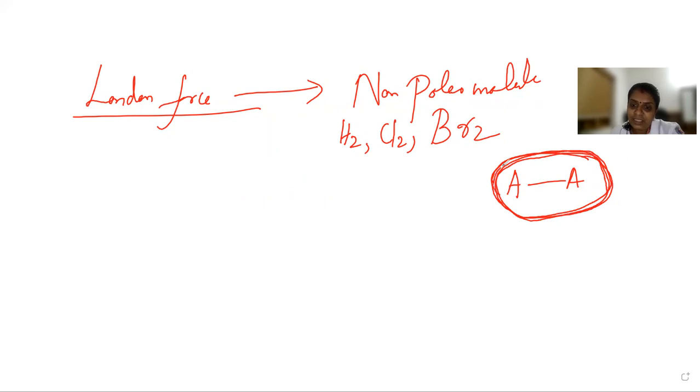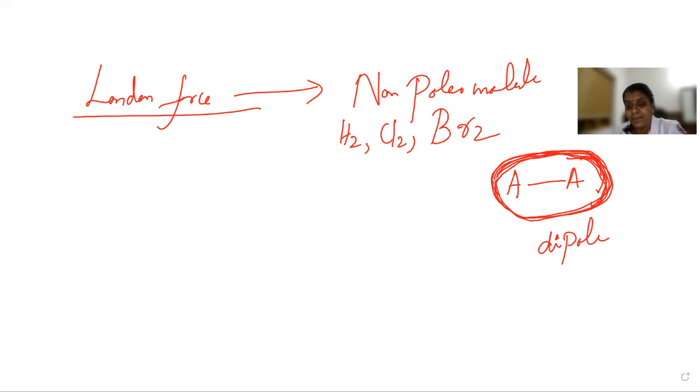Sometimes, instantaneously, the electron will be concentrated at one end of the molecule, and it will develop a dipole. It exists only for an instant, and that is why it is called an instantaneous dipole.